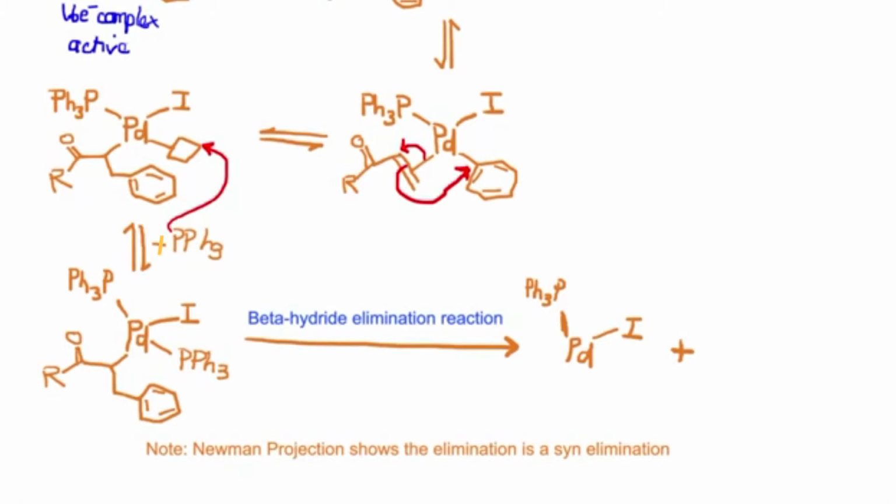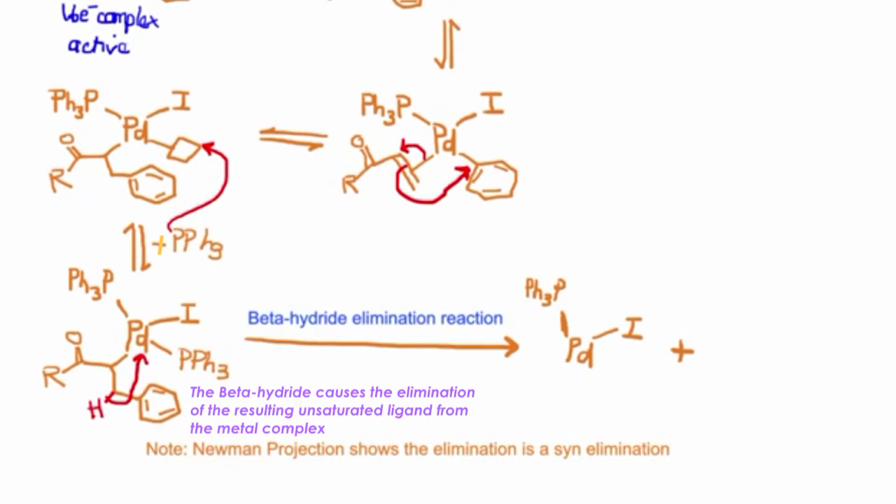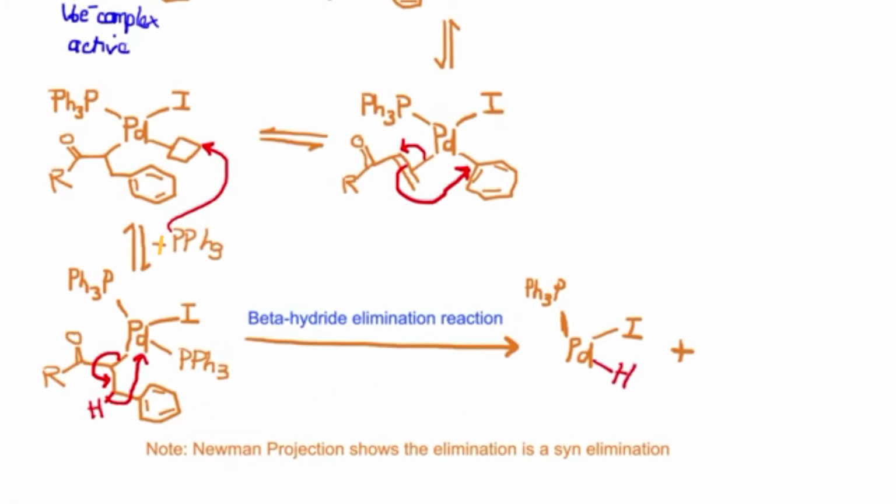You notice that this hydrogen positioned right here bonds with the metal, and this bond cleaves and forms a pi bond, with a hydrogen bonded to the metal, our phosphine positioned right there, and our leaving group. This is the process called beta-hydride elimination.